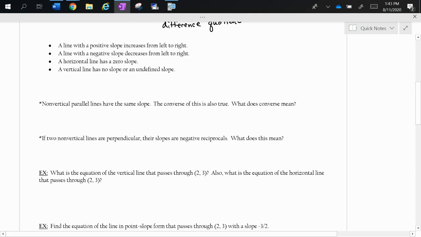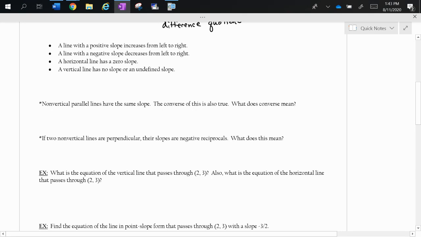So we know that non-vertical lines are parallel if they have the same slope. Parallel lines have the same slope. So that's saying that if two lines are parallel, then they have the same slope. And the converse of this is also true. What does the converse mean again? It means that if we switch the statement, it is also true.